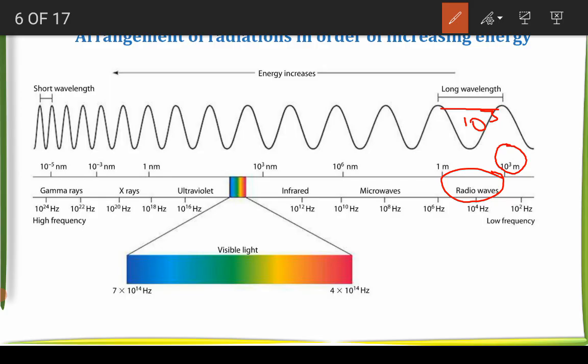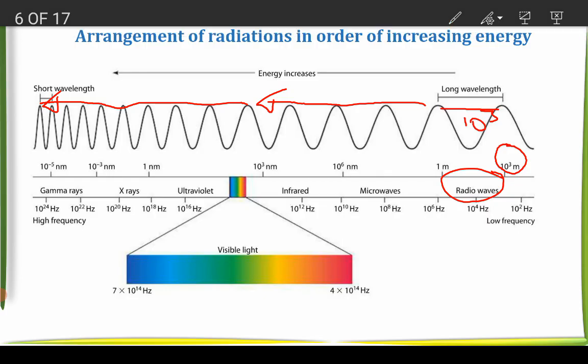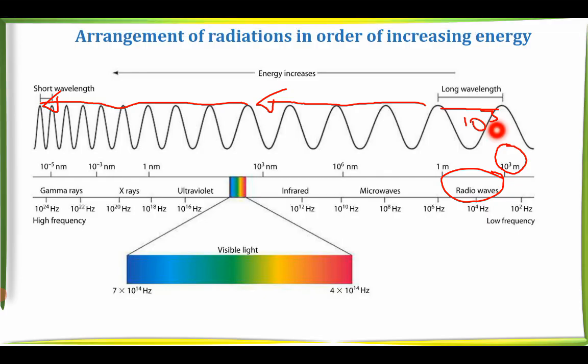So as you go to the left, the distance between any successive crest is decreasing. So the wavelength is decreasing from right to left, from gamma to microwaves to infrared to visible light. There is a decrease.